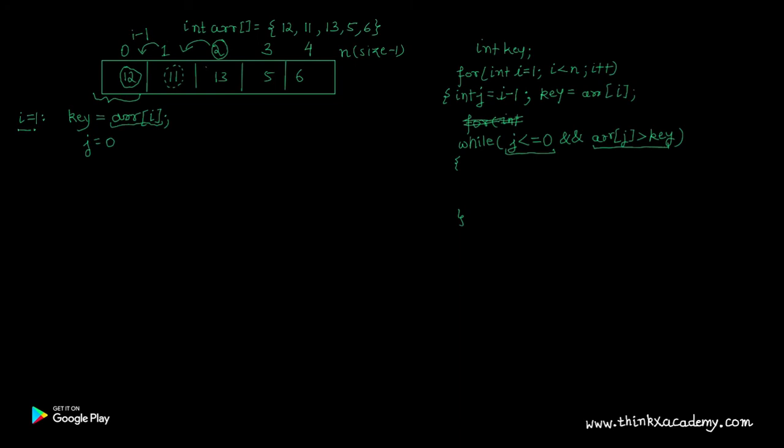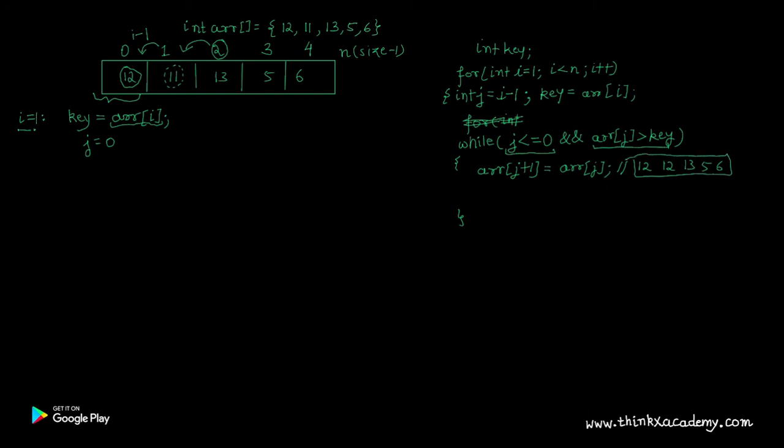So algorithmically, we will assign the array j plus 1 position. The j position is 0, so the j plus 1 position will be 1. So we will assign the value at the j plus 1 position as the previous value. When we run this line, the output will be 12, 11, this will also be 12, then 13, then 5, and then 6.